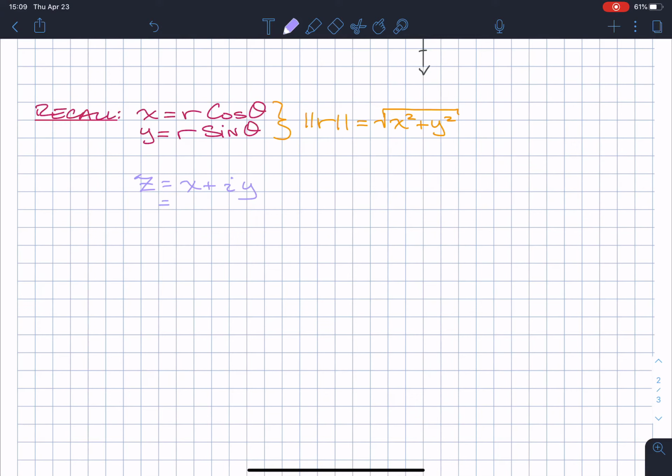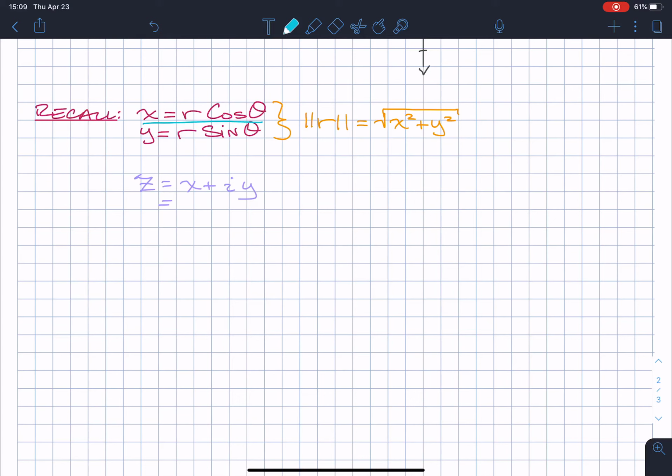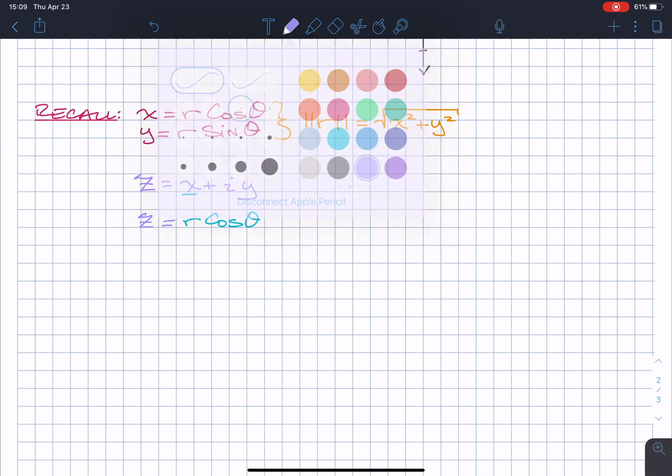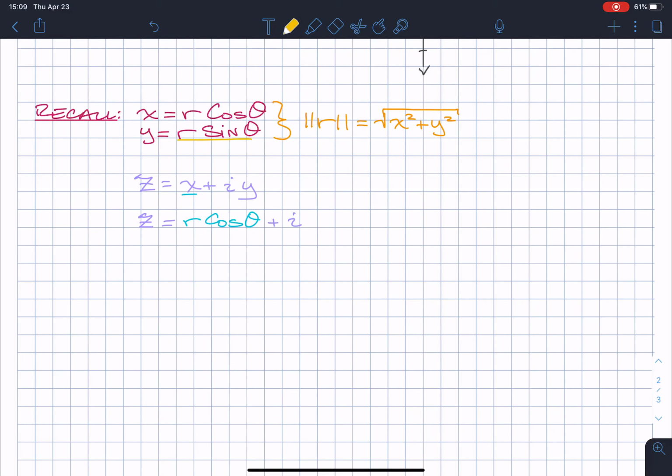Well, what is x? X is r cosine theta, plus i times y, which is r sine of theta.